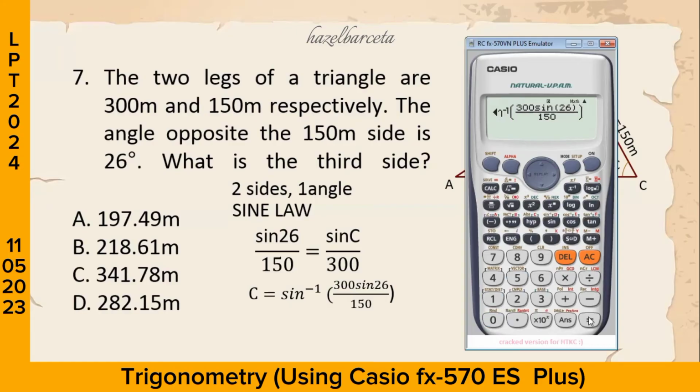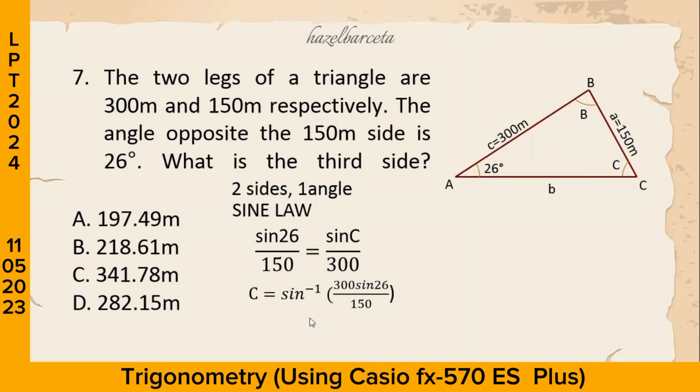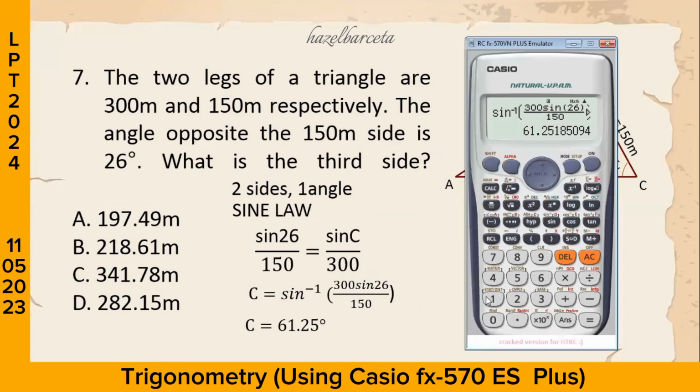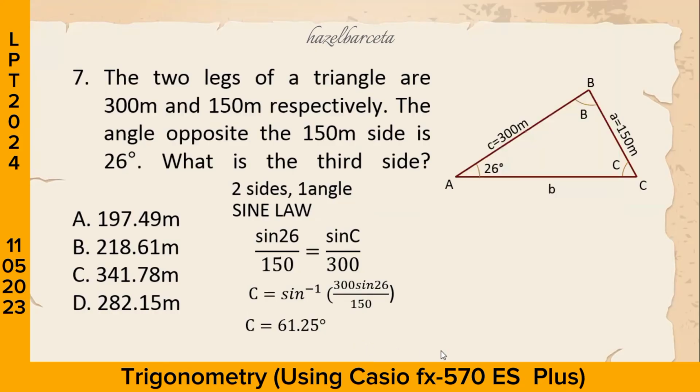So, 61.25 degrees. Okay, so angle C is 61.25 degrees and we are to solve for B. So, B is 180 minus answer minus the given, which is 26. Therefore, it is 92.75. The included angle is 92.75.